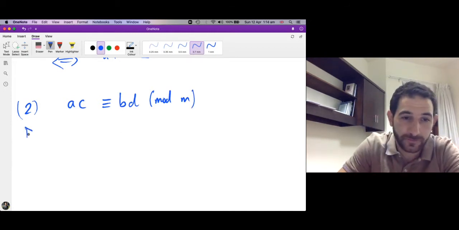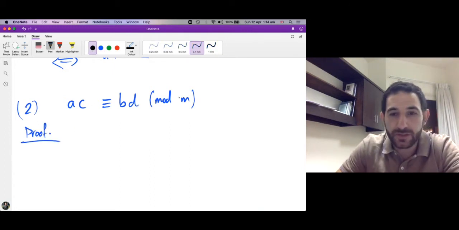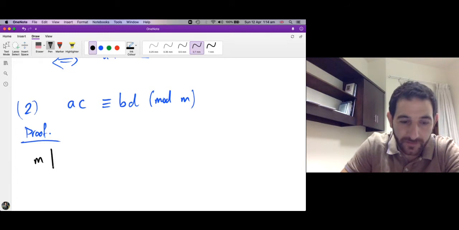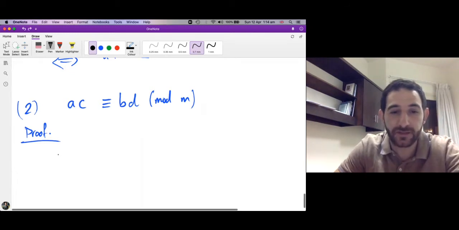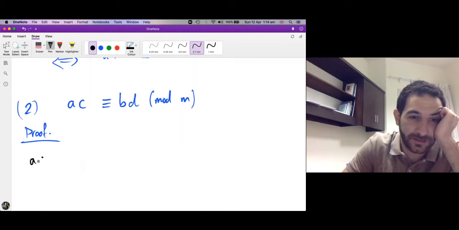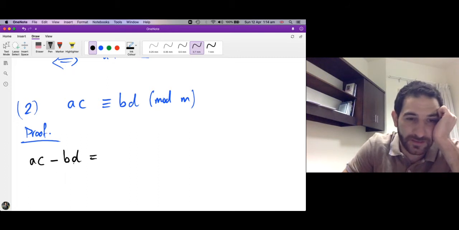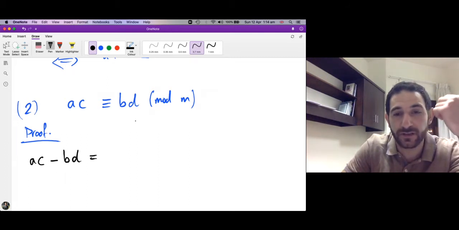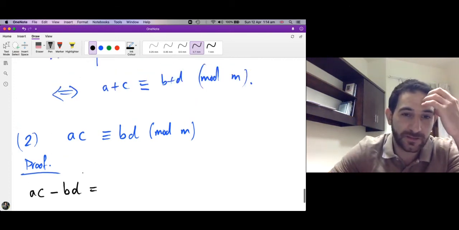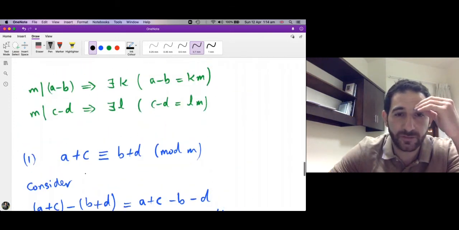So why is this true? What does it mean that these two numbers are congruent? It means that m divides the difference. So we want to show that m divides the difference, right? So let's look at the difference. Let's look at ac minus bd. And we want to show that this difference is equal to an integer times m, which means that m divides it. So let's look at, this is the hypothesis we know.